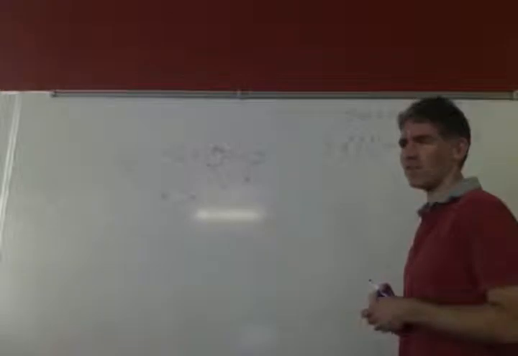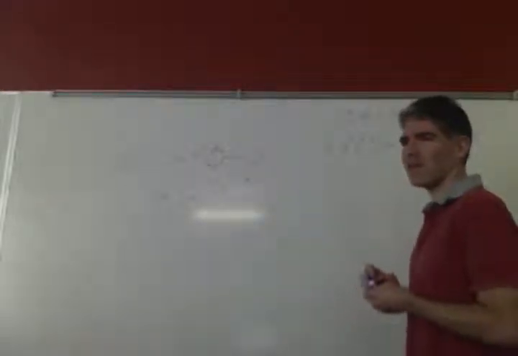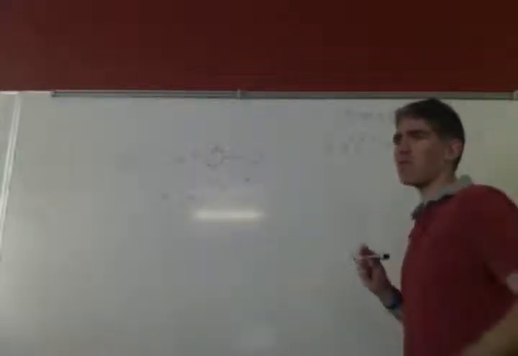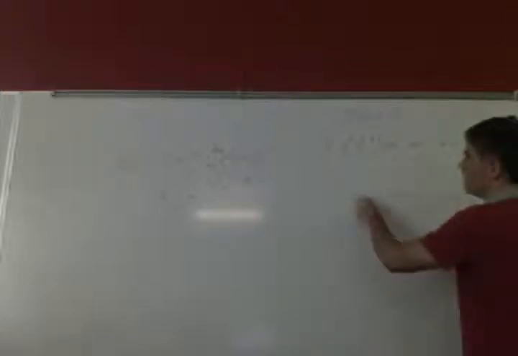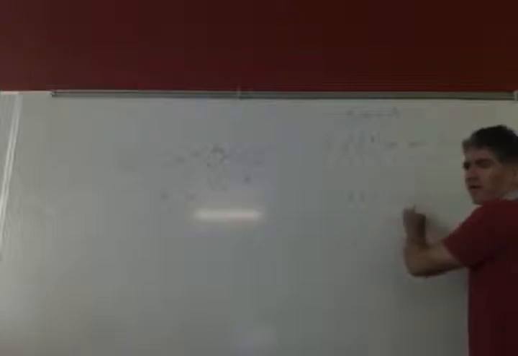So here would be a string that would be valid as part of it. A, B, B, C, C, C, C, C, C, C, C, C, C, C. This is a perfectly valid string because the number of A's and the number of B's are the same, and then we can have as many C's as we want.